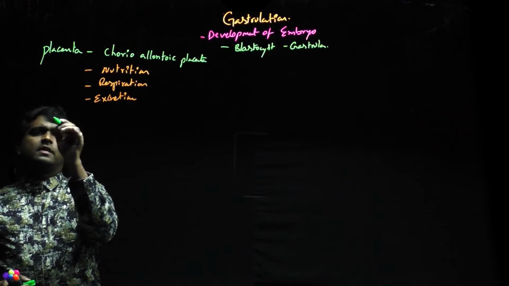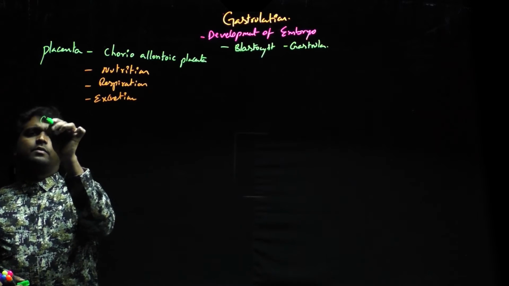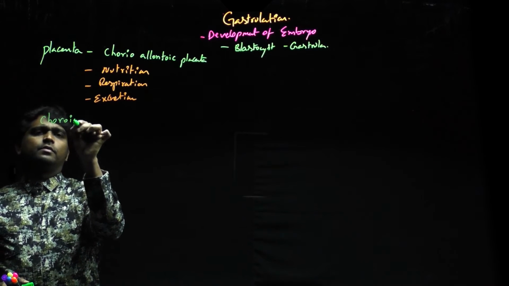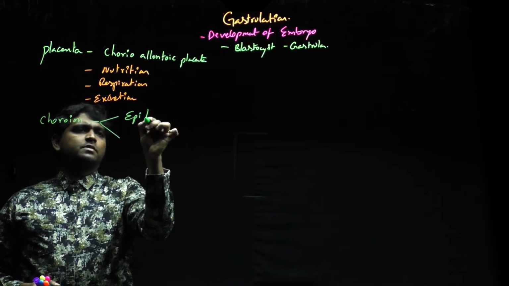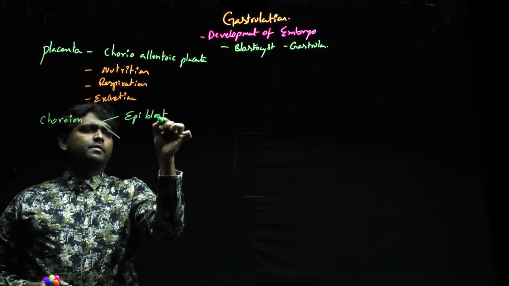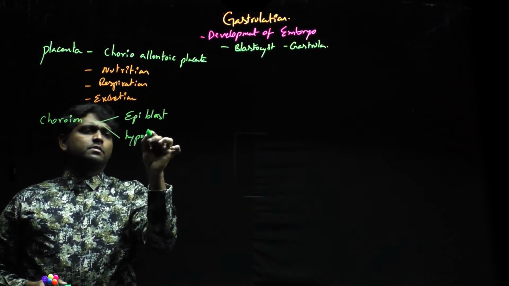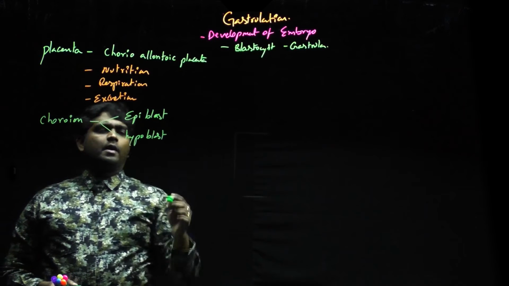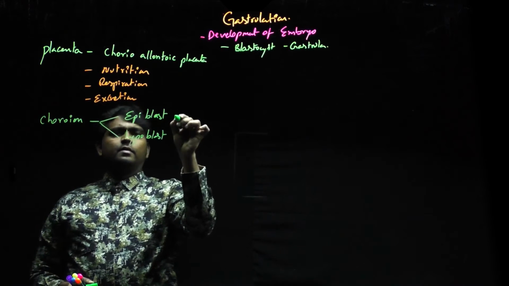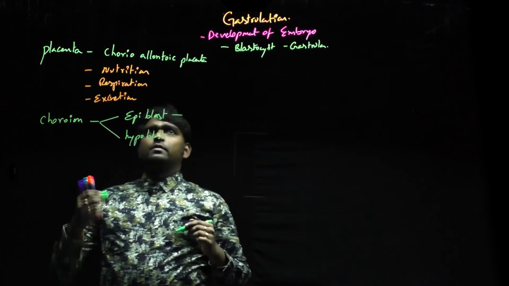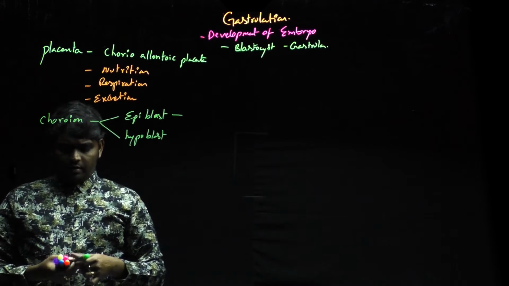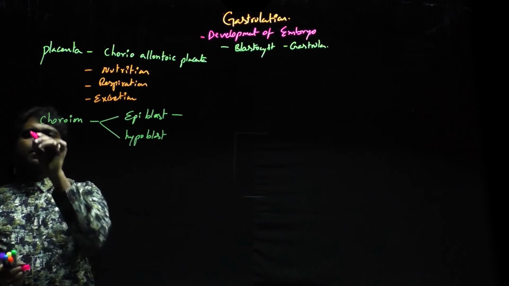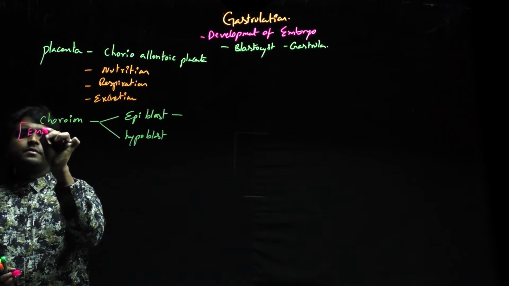Now the placenta has the chorionic villi. The chorion has two structures, called epiblast and hypoblast. The epiblast and hypoblast will give layers. Here the chorion and embryonic tissue will form a structure called the embryonic disc.